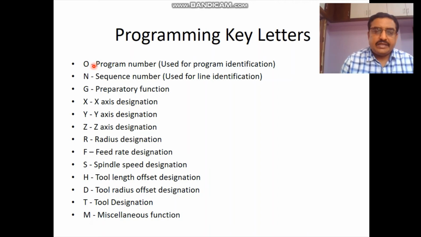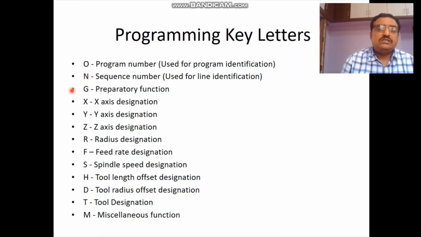Each action is given by the letter N. N is a sequence number at the start of each programming line, and the address of the line is defined by the letter N. Each block is defined with the letter N.